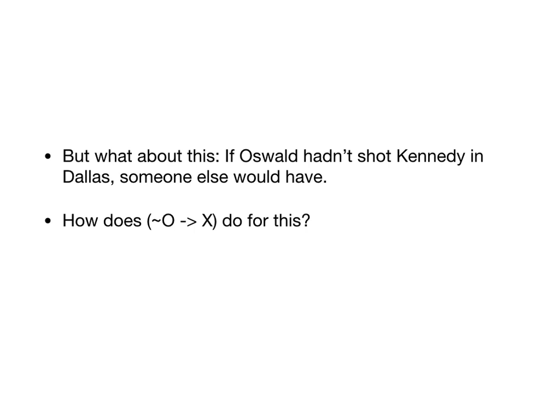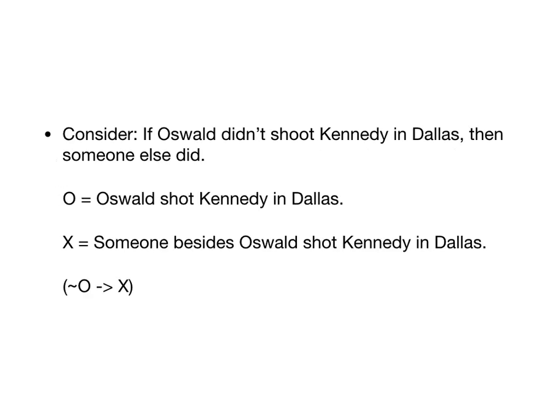But think about this statement. If Oswald hadn't shot Kennedy in Dallas, someone else would have. Now look, if you are someone who believes the Kennedy assassination was a conspiracy, you might think this was true. But it is not saying the same thing as the earlier statement, right? It is obviously true that if Oswald didn't do it, someone else did.